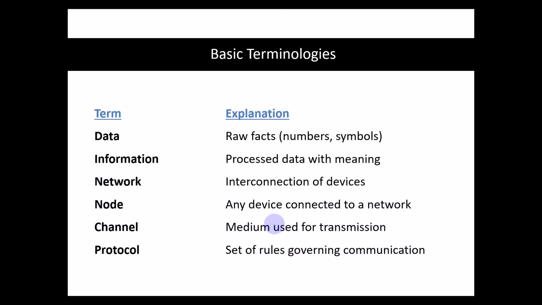Either you use transmission medium or you use the word channel. They are all the same. And then in the second definition, we also saw the word protocol. Protocols are just a set of rules that governs communication. So in data communication, if you hear the word protocol, we are just looking at the rules that devices have agreed upon to communicate. That is all.